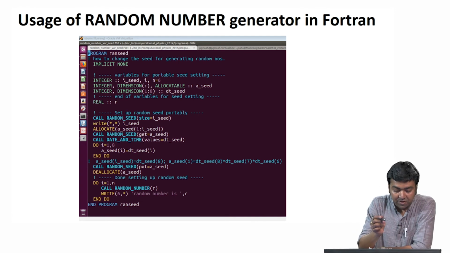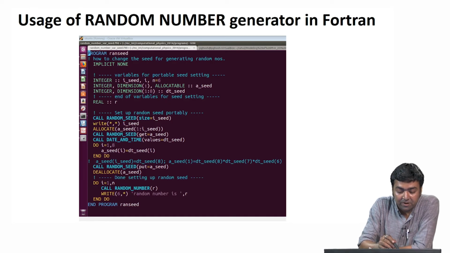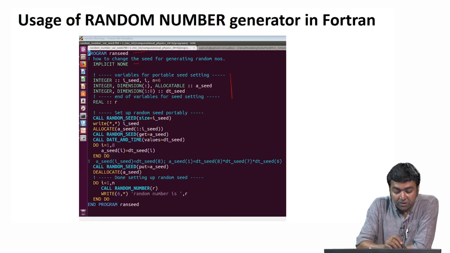As I mentioned before in the introductory lectures to Fortran, I start with a program name, then I have implicit none, and then I declare the variables. I am declaring two types of variables here, integer and a real number r. In integer I have 3 scalar variables: i_seed, i, which is just a counter, and n equals 6, which is the total number of times I will go.